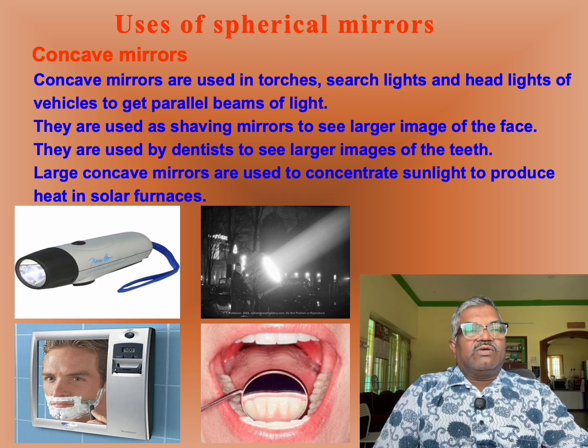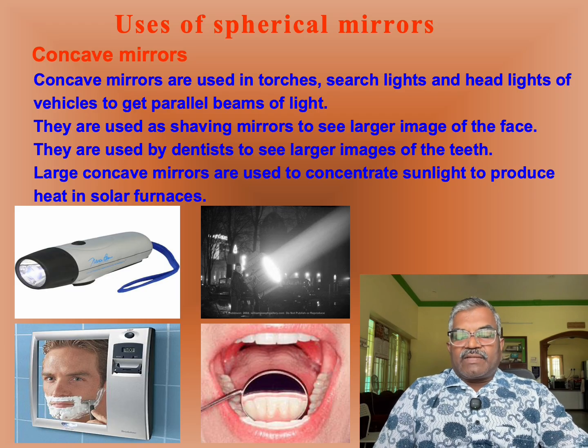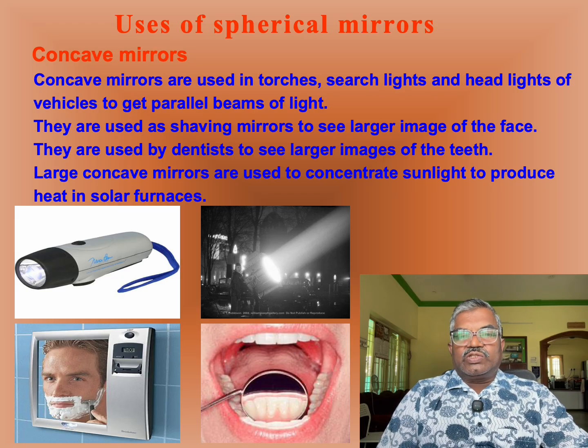Now, dear students, we will discuss the uses of spherical mirrors. First of all, concave mirrors. A concave mirror is used as a shaving mirror, most commonly used in shaving because of its reflecting, curved surface. The concave mirror forms an enlarged and erect image of the face when the mirror is held closer to the face during shaving.